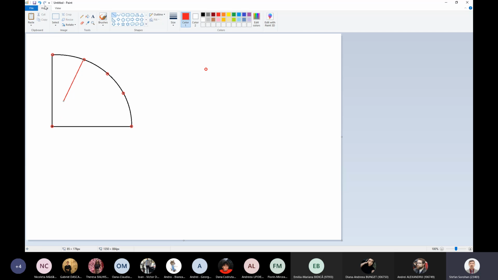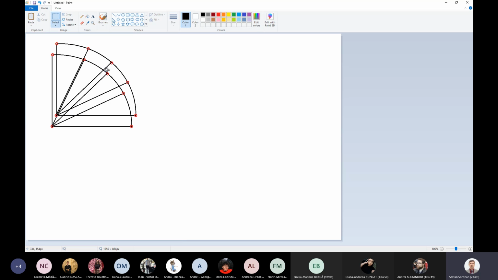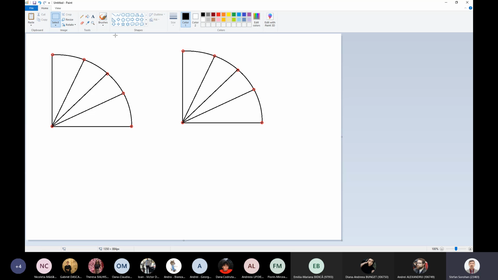Let's change the color. So in this case, I will have 4 elements, right? Of course, this is one possibility. Another one is to use many nodes if you want. But in my opinion, it's not necessary to increase the number of nodes very much.